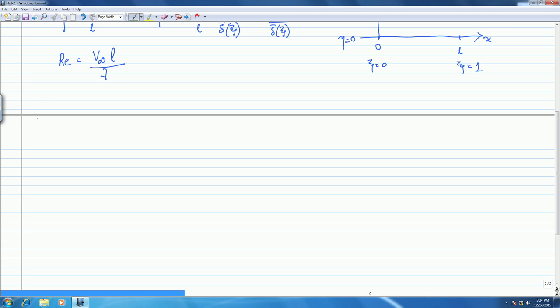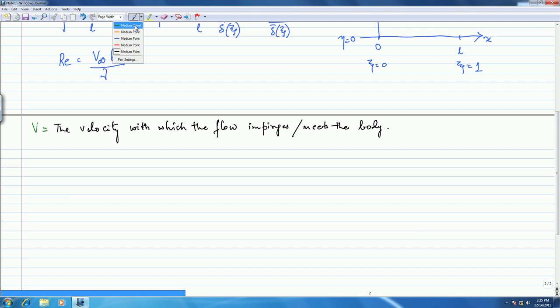V is the velocity with which the flow impinges on, or meets, the body, and this is the reference, basically V infinity.